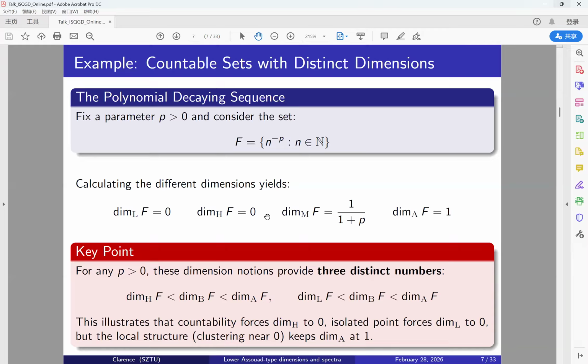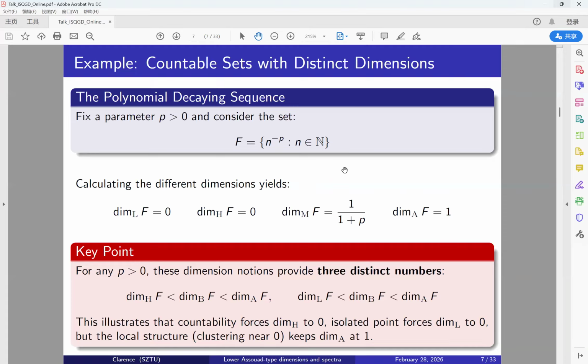Fix a parameter p and consider the set like this. This set is 1, 1 over 2 to the p, 1 over 3 to the p, etc. If you would like to try it as an exercise, you can check the details. But if you are not interested in the details, you can trust me.